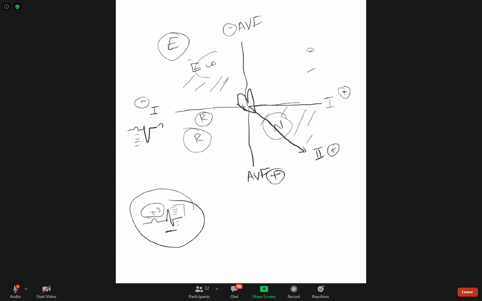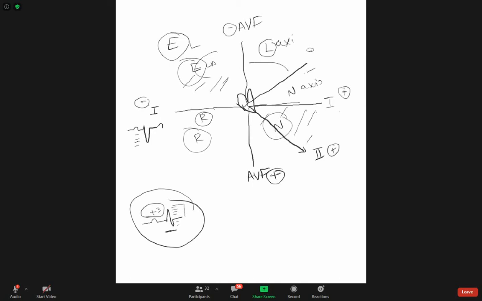If they're both negative, you're going to be extreme axis, extreme right axis. The problem here is that the first 30 degrees out of this is a normal axis. It's part of your normal axis.